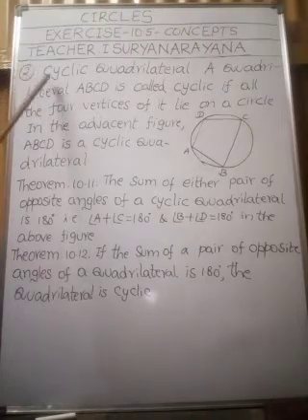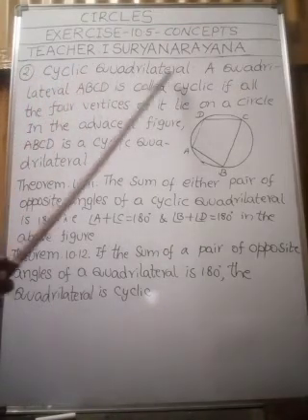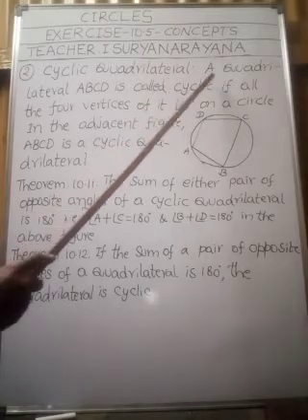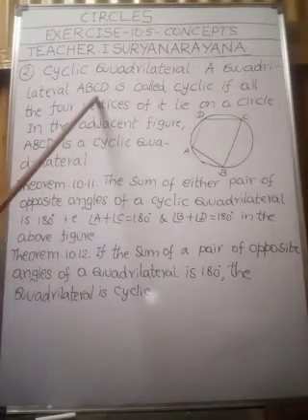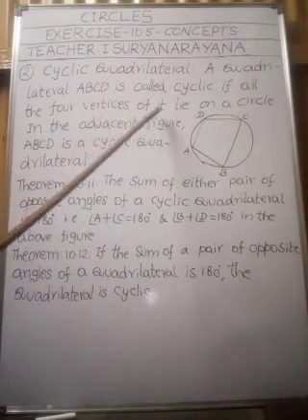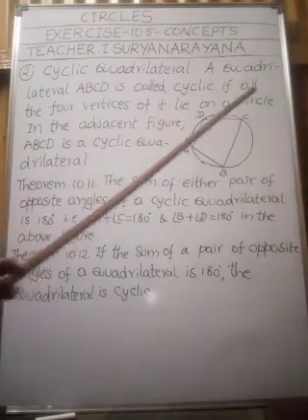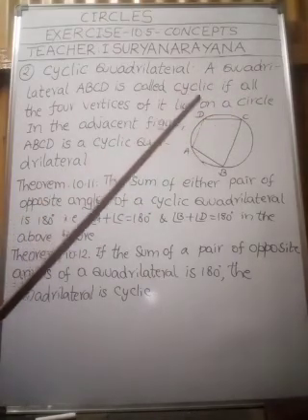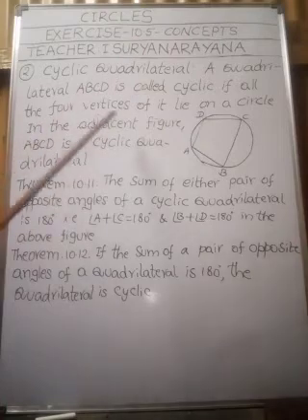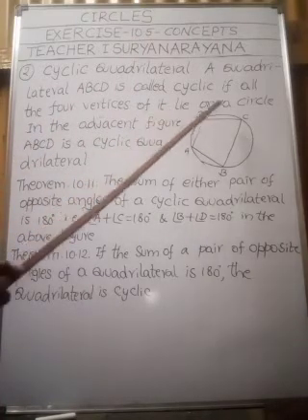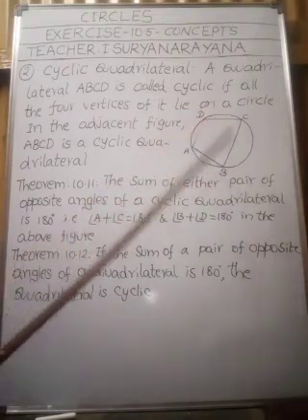Now come to this definition, my children. Cyclic quadrilateral. What is meant by a cyclic quadrilateral? A quadrilateral ABCD is called cyclic if all the 4 vertices of it lie on a circle. To understand this definition well, let us take a diagram.